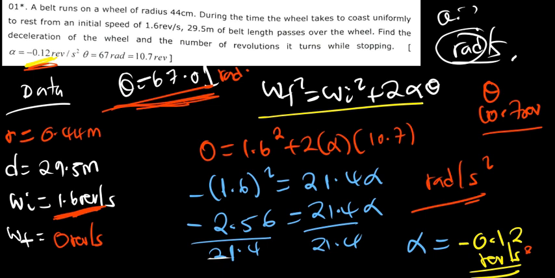If they don't mention, you have to follow the velocity which you have been given in the question. If the velocity is in revolutions per second, then your final answer has to be in revolutions per second squared. Does that make sense? Yes, sir. Okay, thank you.